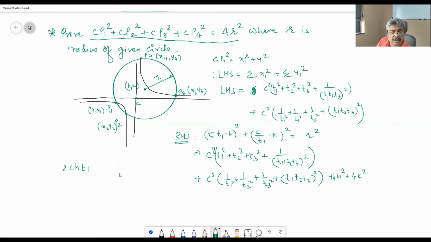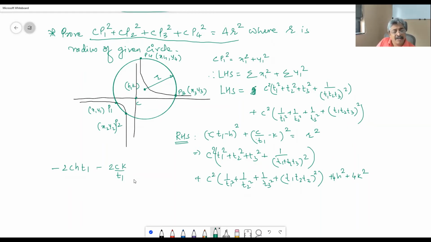The middle term of this is, with a negative sign, 2ck upon t1.